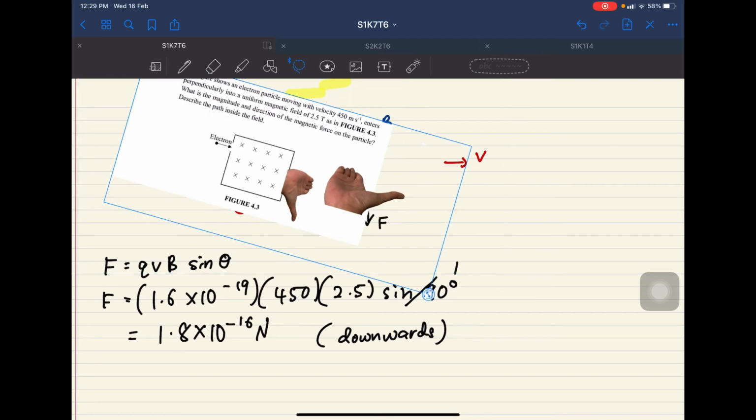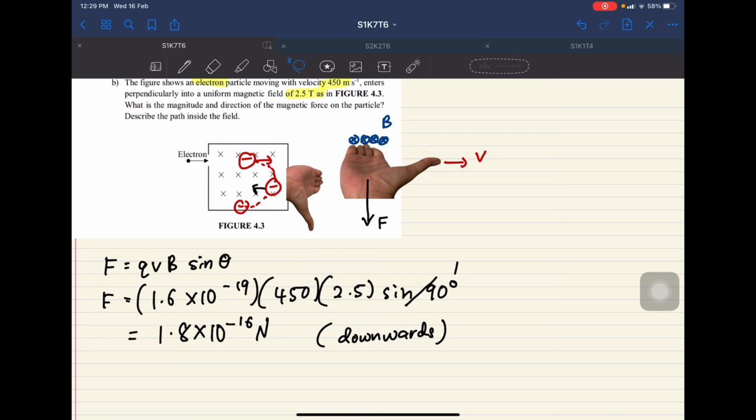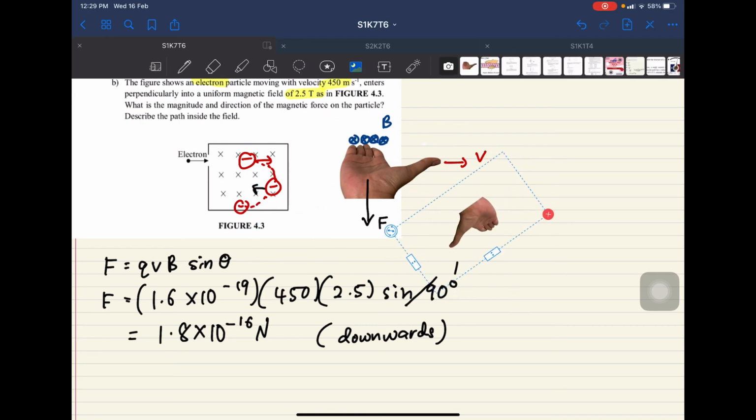Over there, velocity is to the left, magnetic field into the page, so the force is upwards.